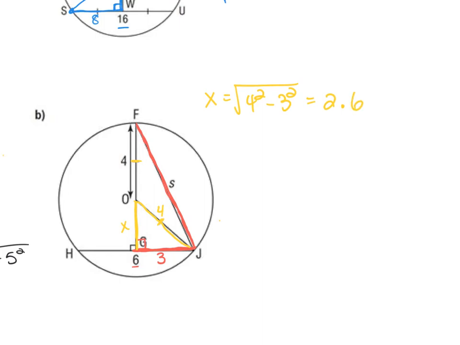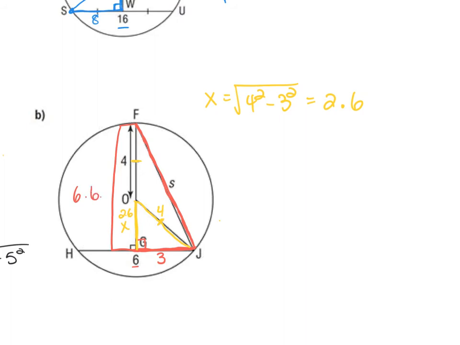And I'll just leave it to the nearest tenth again. So X is equal to 2.6. That's great. That means that this whole side here is equal to 4 plus 2.6, so that's equal to 6.6.